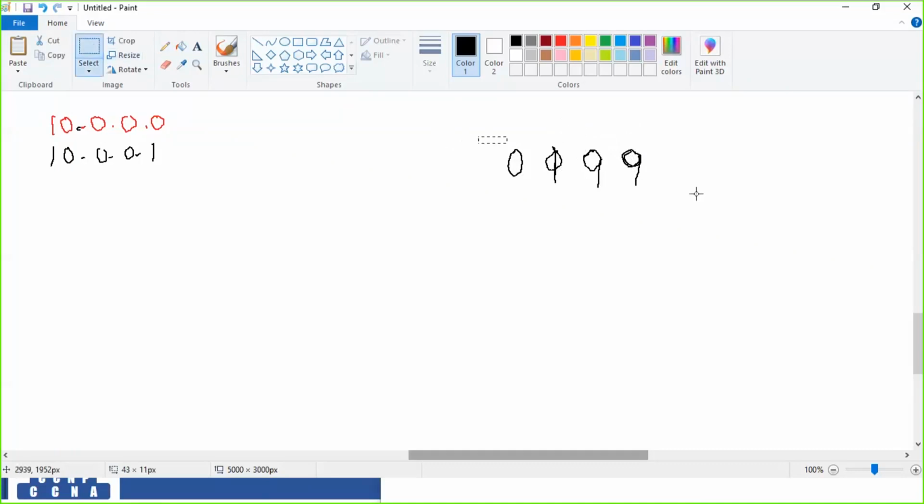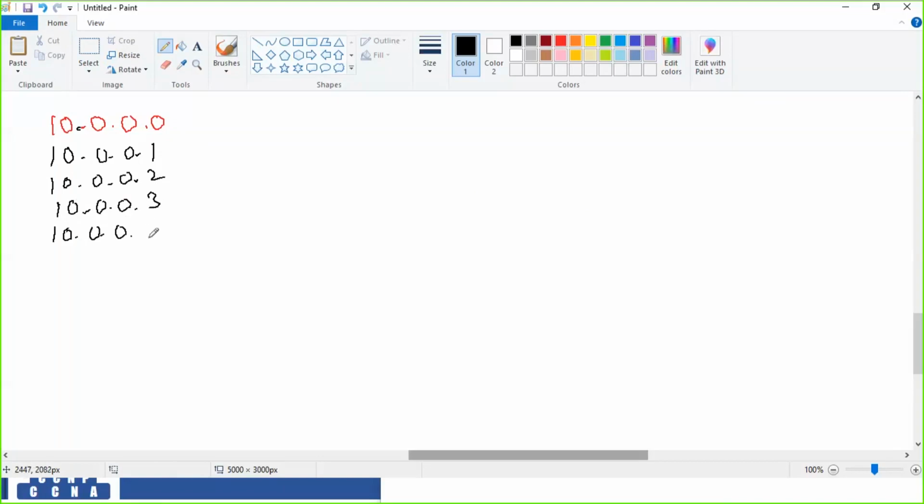Similarly with IP addresses. 10.0.0.0, next 10.0.0.1, then 10.0.0.2, 10.0.0.3, up to 10.0.0.255. So 0 to 255 is done. Next the third octet will change: 10.0.1.0, 10.0.1.1, 10.0.1.2, up to 10.0.1.255.